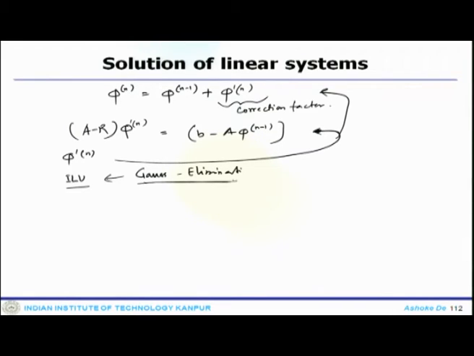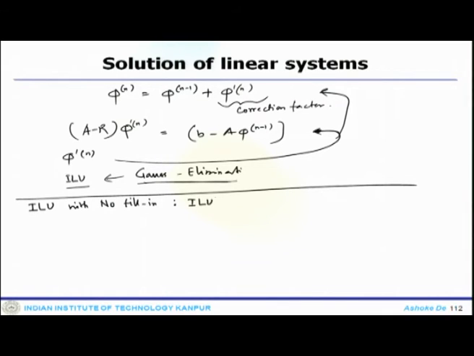Now one also can do the incomplete factorizations like ILU with no fill-in, which is ILU 0.